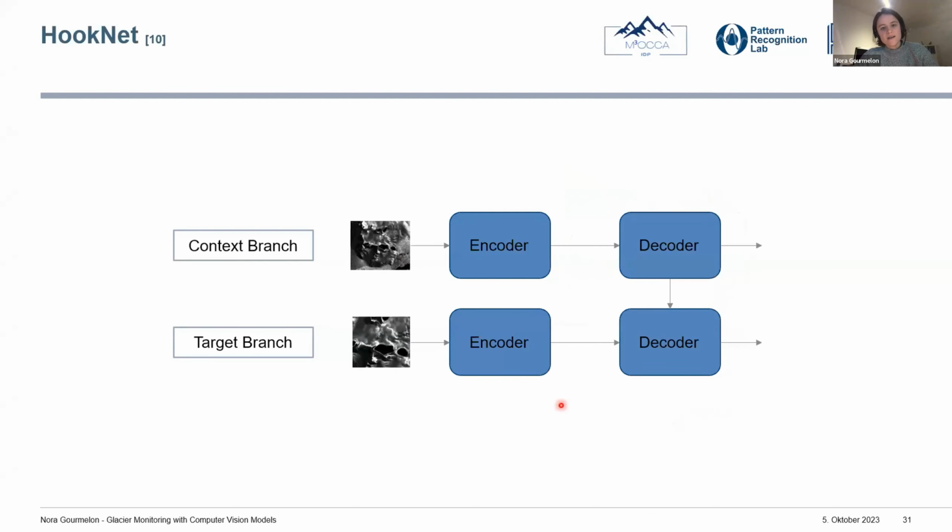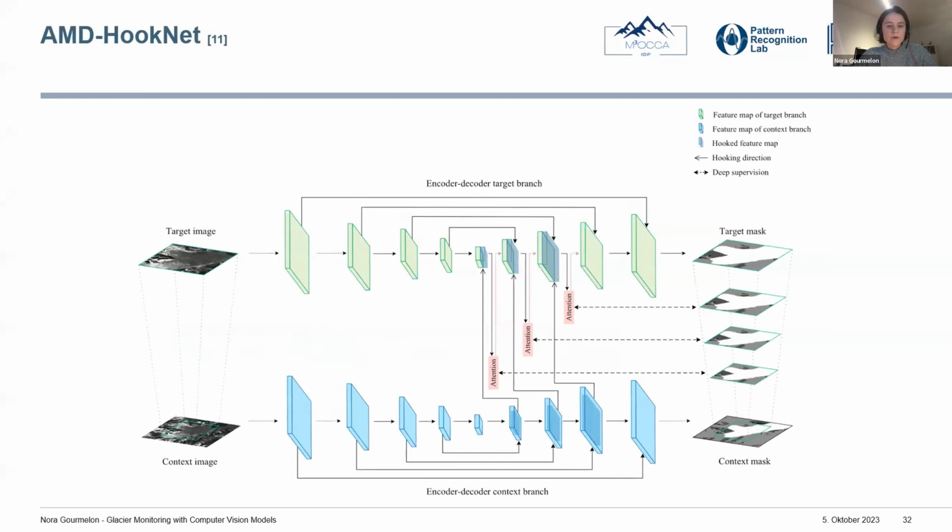The HookNet comprises two U-Nets, which are connected in the decoder. So the context branch, which gets the context patch, gives some information over to the decoder of the target branch. And we could improve upon this HookNet by using multiple hooks, so multiple connections from one decoder to the other.